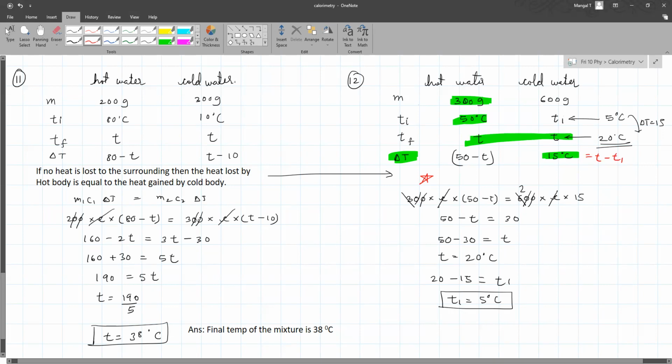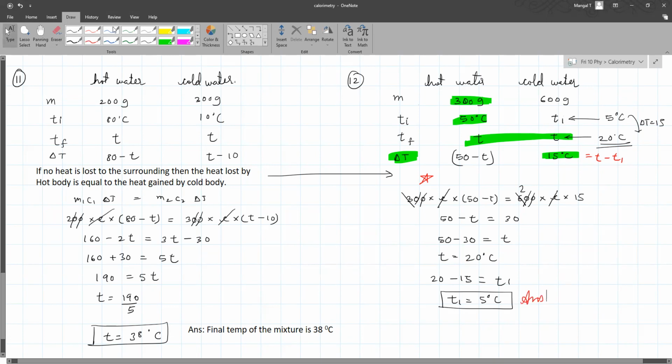On solving, I got T value as 20 degrees Celsius. That means the final temperature is 20. It is given that the cold water's temperature rises by 15 to become 20. That means the initial temperature has to be 5 degrees Celsius, and that is our answer.